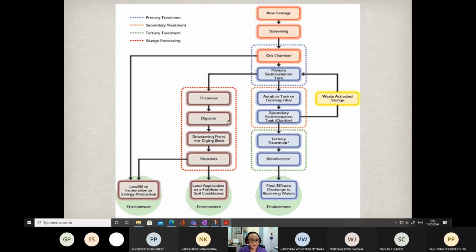This digester is actually the reactor carrying the anaerobic process. Do you still remember the anaerobic process?